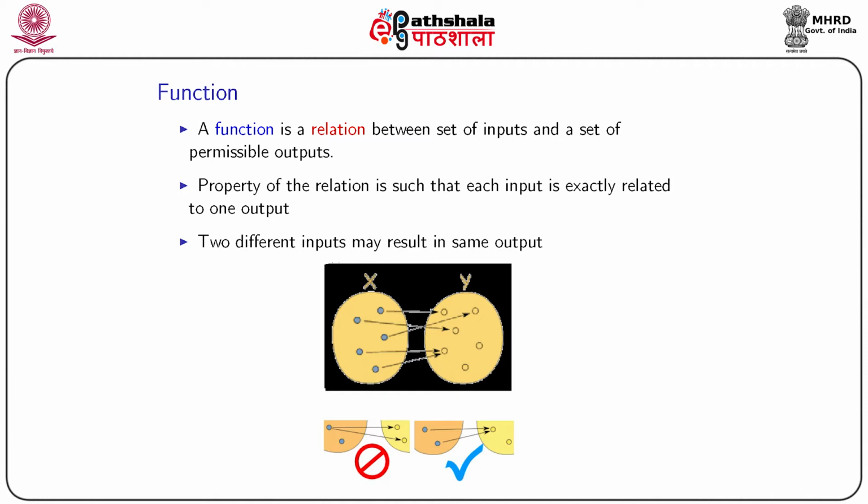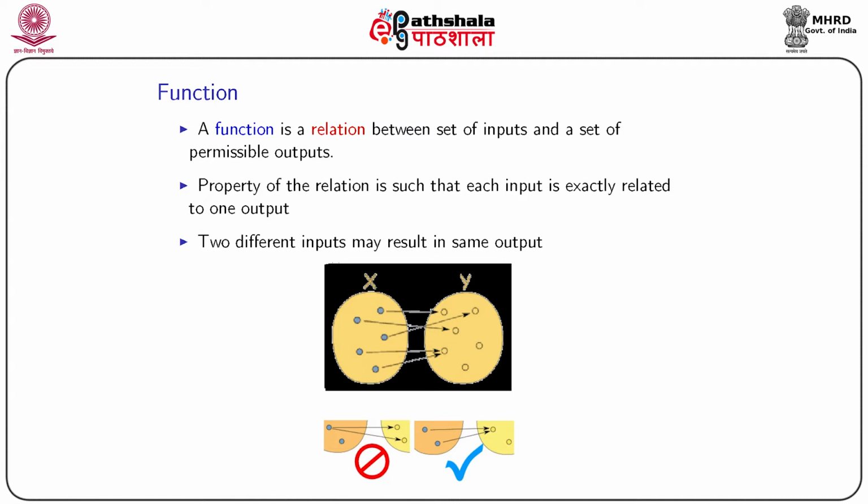That means we can't have two different outputs for the same input. If something like that happens, then it is not a function. Two different inputs may result in the same output. That is permissible.